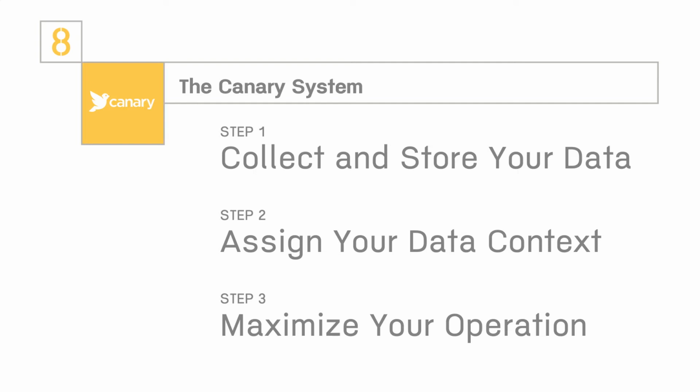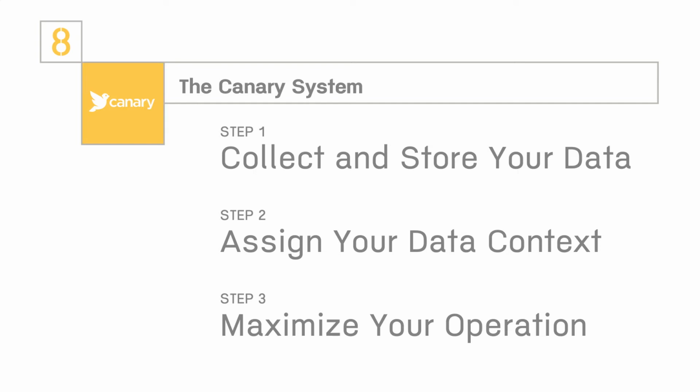Later through the sessions, I will focus on step number 2, how I can assign different context to the data by utilizing calculations and views, a very powerful feature. Lastly, step number 3 is to maximize your operation by analyzing the data. They've got brilliant client tools with Axiom that we can use to build our own dashboards and trending capability.